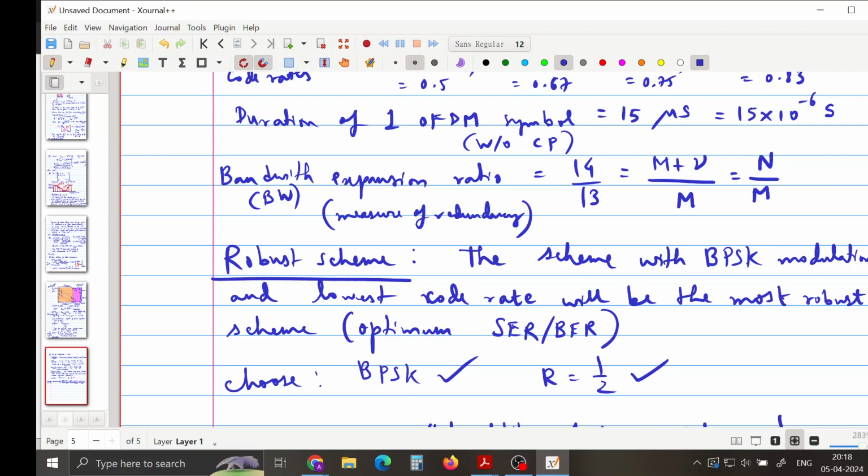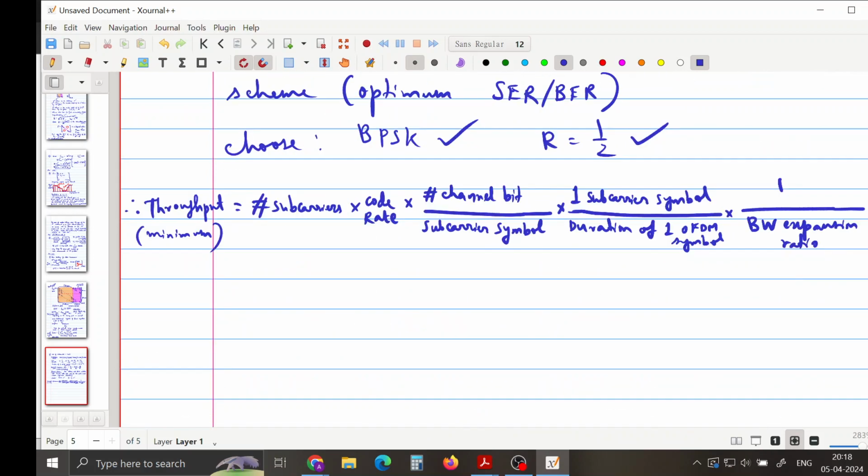So it indicates the fraction of your data symbols. Correct. And that's what I am interested in, because the data symbols are only carrying the data. So for throughput computation, it will be required. So that's why I have to take its reciprocal. Okay, basically M by N. Now we have everything in place.